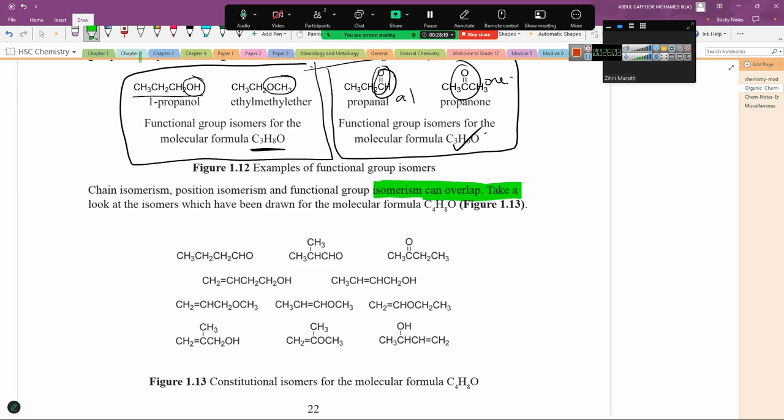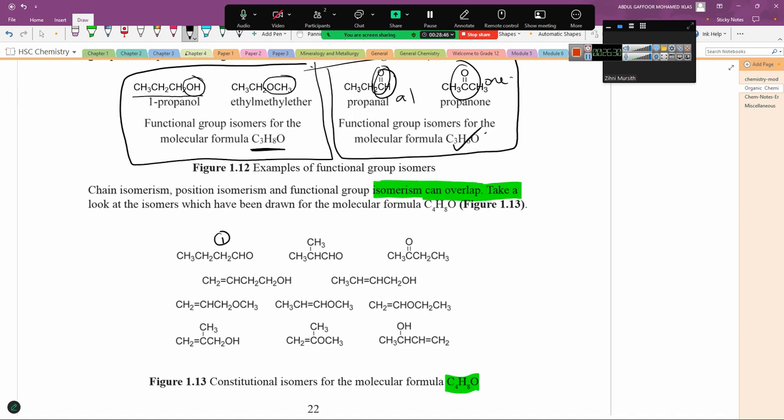So here are constitutional isomers for the molecular formula C4H8O. All these structures represent the same molecular formula. Now we will compare pairwise and identify which constitutional isomers they belong to, right? Now I will name them for your practice.